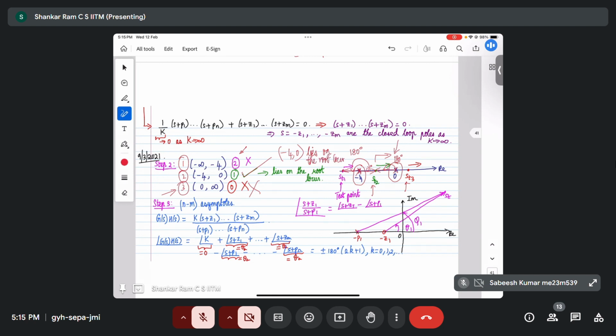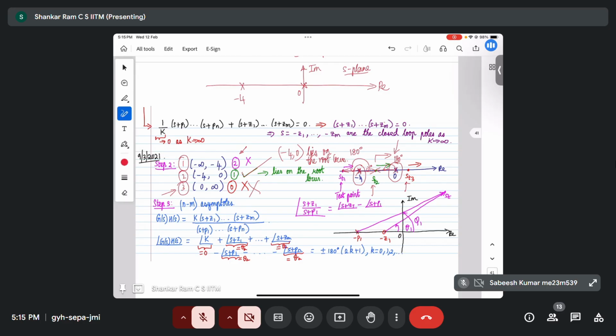And why is this important? Because it tells us how the root locus branch will start. So if we once again plot the real axis and the imaginary axis on the S-plane, in this particular example, we have one open loop pole at the origin, one open loop pole at -4.